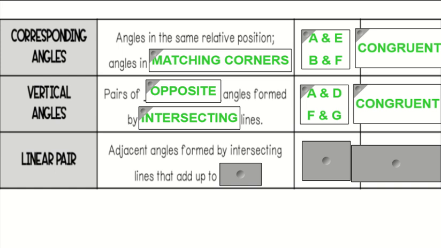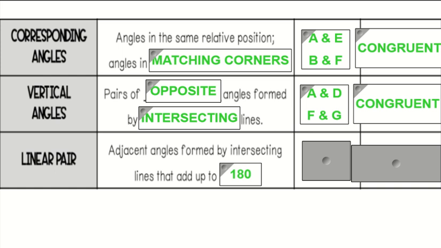Linear pairs are adjacent angles formed by intersecting lines. What's adjacent mean? Adjacent? Yeah. Corey is adjacent to Taquan. Next to, yeah.